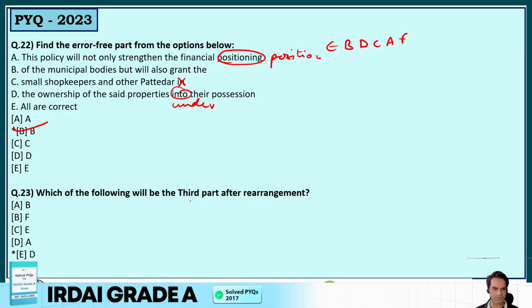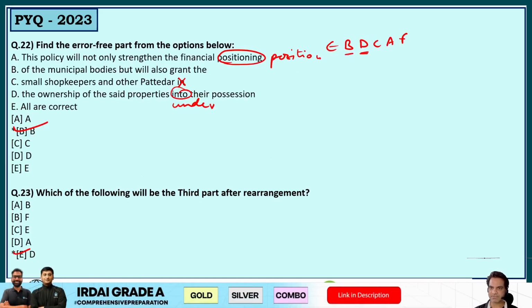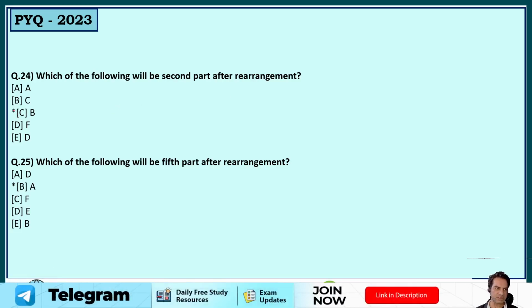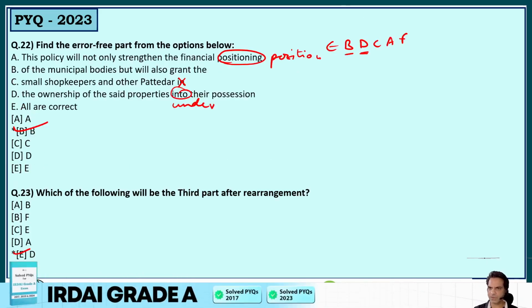Now, which of the following will be the third part after the rearrangement? E, B, D. So D should be the third part. Yes, option E is correct here. Then second and fifth part. Second is B, fifth is F. Second is B, yes, and fifth is not F. Okay, A maybe. So E, B, D, C, F, A. No, it should not be A, F. It should be, I think, F, A then. So A should be the last part, guys.